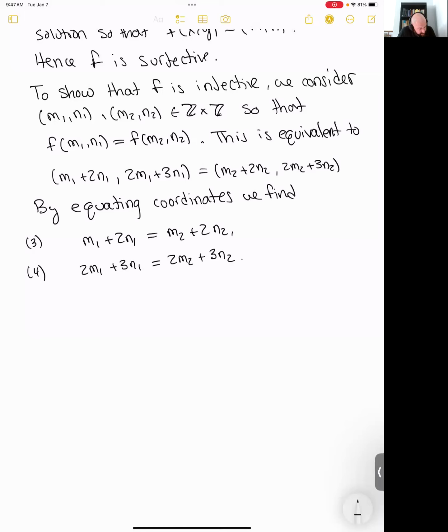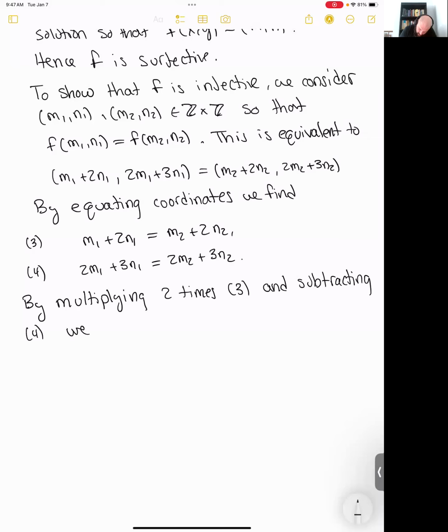There's a few things we can do. We can eliminate the m1s and m2s by multiplying 2 times equation 3 and subtracting equation 4, right? So by multiplying 2 times equation 3 and subtracting equation 4, we find, all right, so what do we get when we do that?